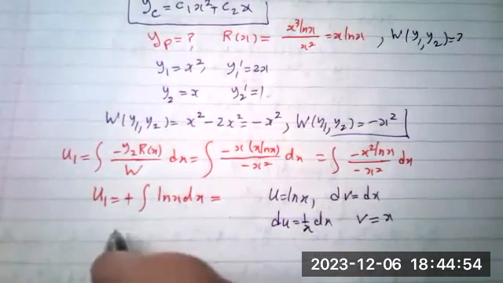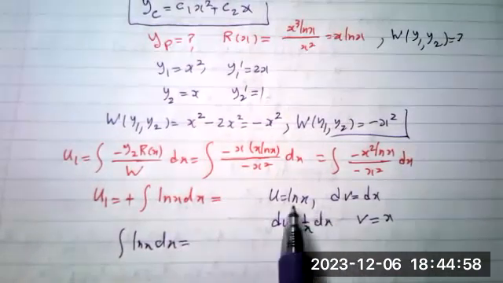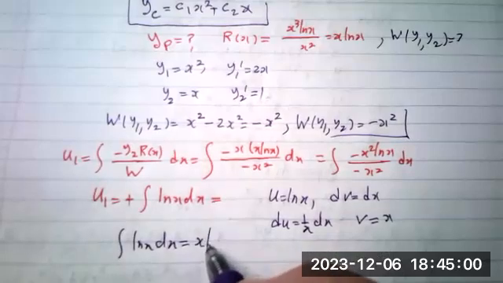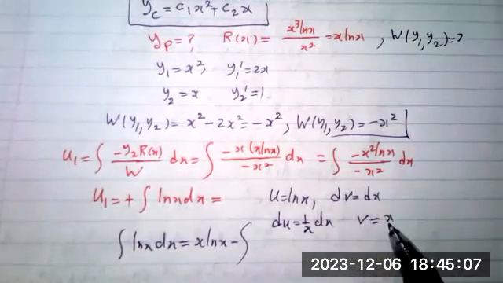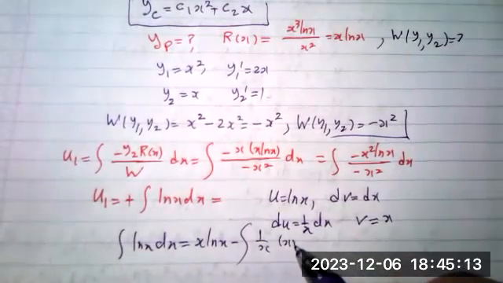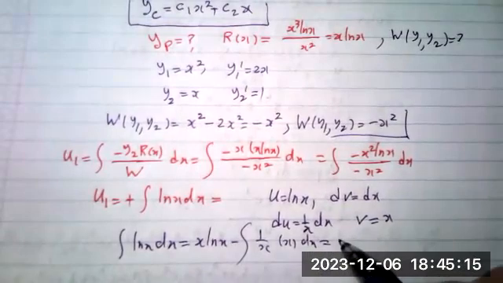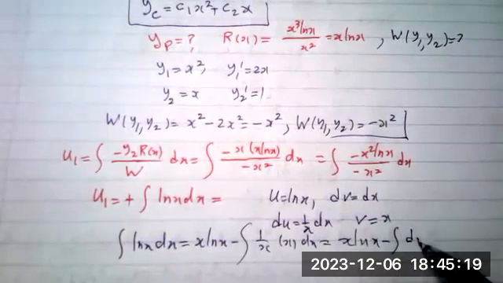If you put them together, the integral of ln x dx is equal to uv, x ln x, minus the integral of v du. V du is 1 over x times x dx. So it's x ln x minus the integral of dx.